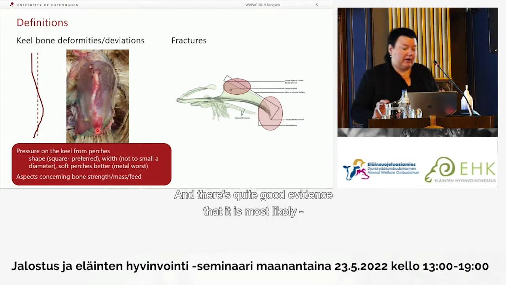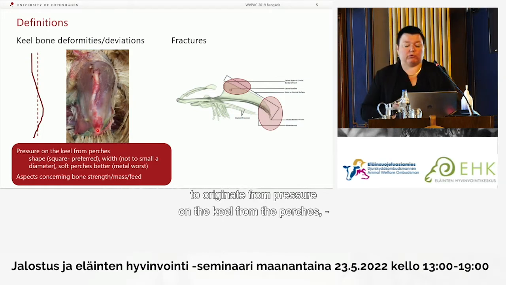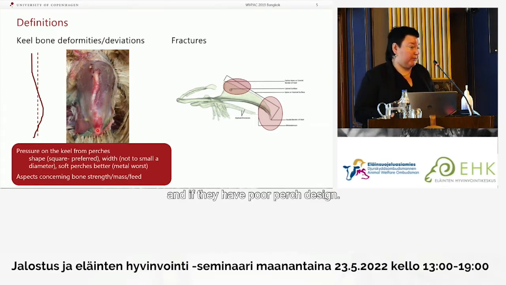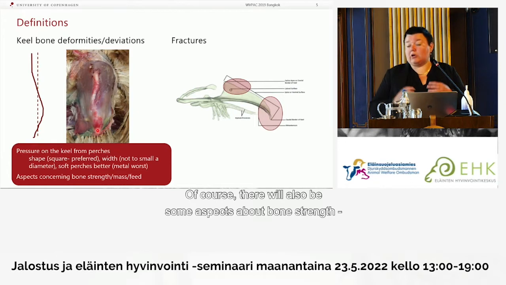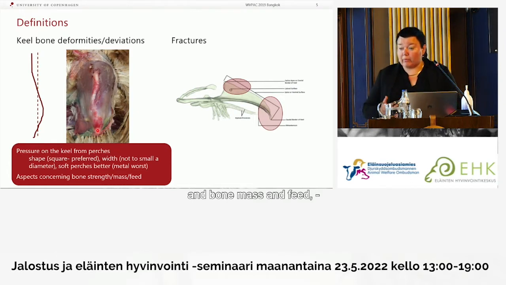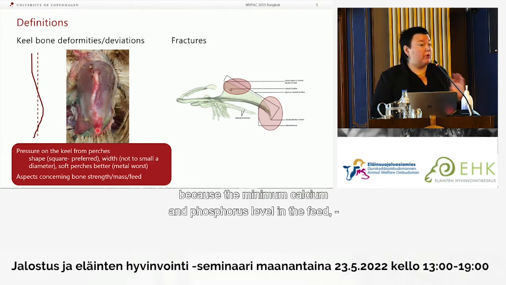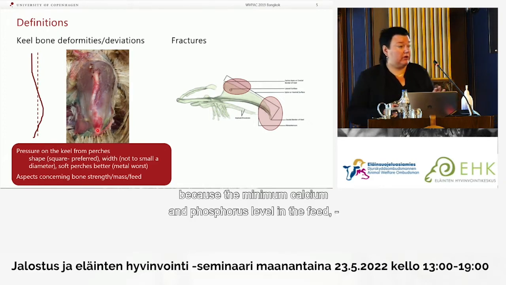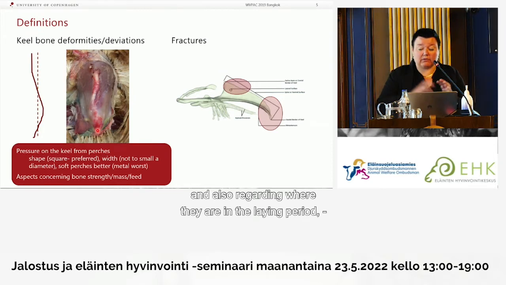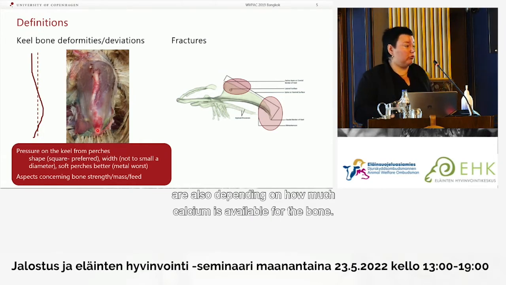And there's quite good evidence that it most likely originates from pressure on the keel from the perches, if they have poor perch design. Of course, there will also be some aspects about bone strength and bone mass and feed, because the mineral calcium phosphor level in the feed, and also where they are in the laying period, depend on how much calcium is available for the bone.